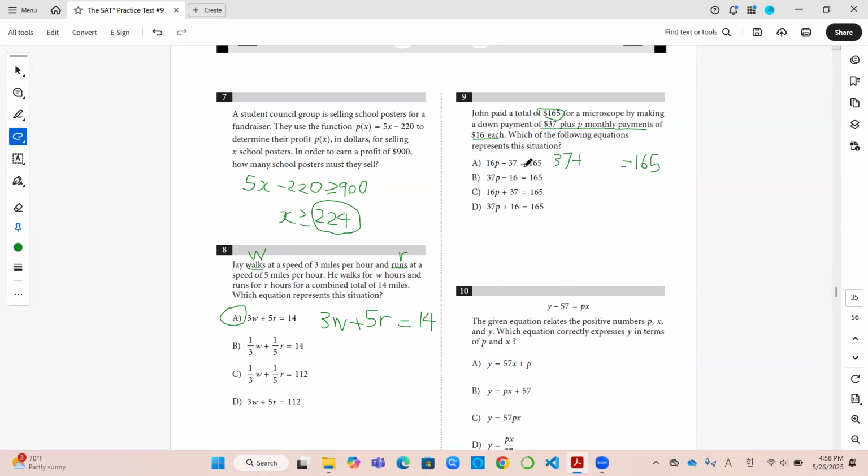So answer choices A and B are immediately eliminated, and D as well, because it's $16 each, so 16P. So the answer choice C here is correct. C as in cat.